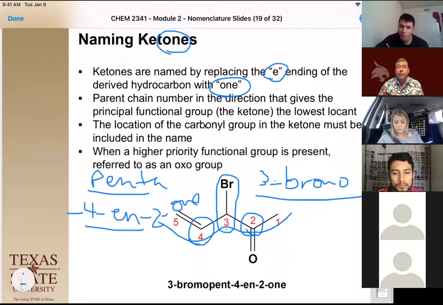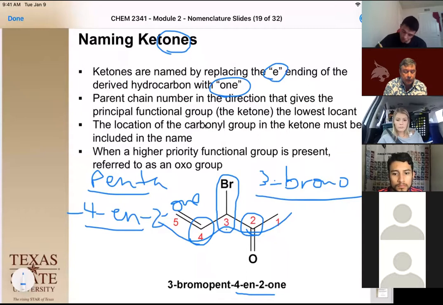Where did the 2 come from? The 2 comes from where the carbon is on the ketone. Notice on the aldehyde, we didn't put the 1, okay? Because it's typically at the end of the chain and 1 is understood. But with the ketones, we typically add the exact location.